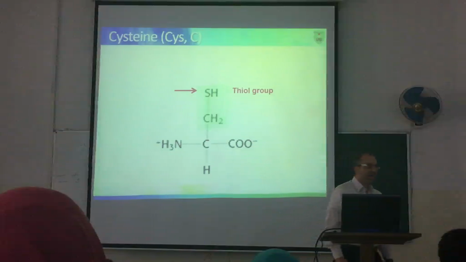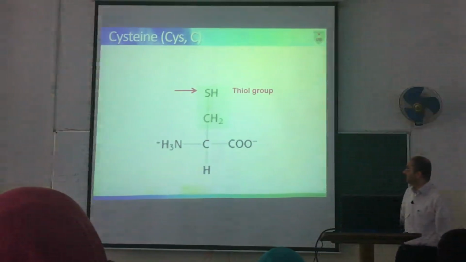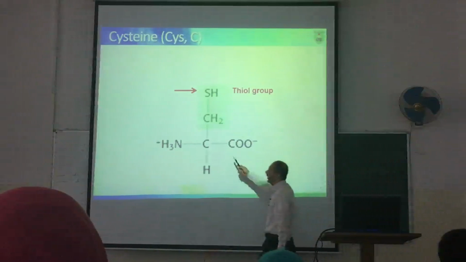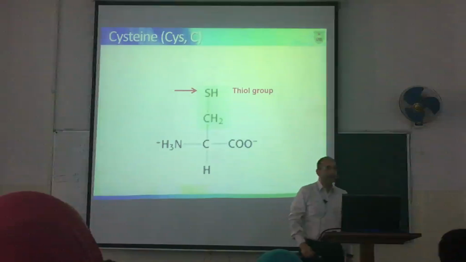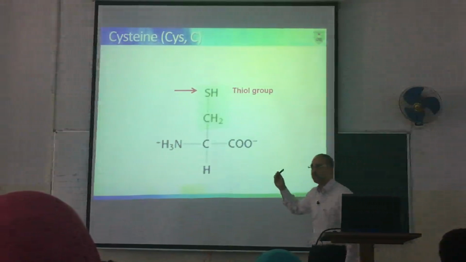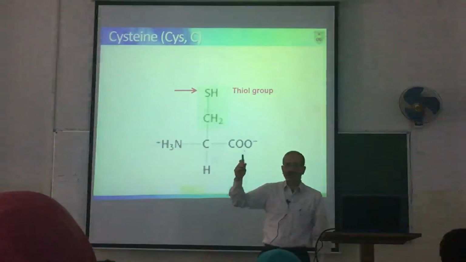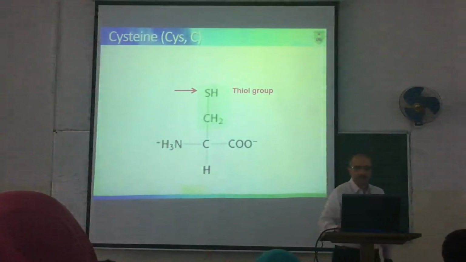The thiol group is reactive. It is the same as alanine's CH3, but we removed a hydrogen and put the thiol group, the SH group, instead. Not only that, but the sulfur at different pH values can lose the hydrogen, so there will be a negative charge on the sulfur.